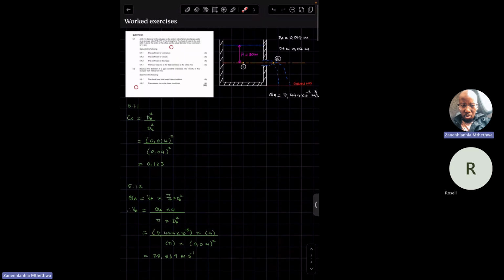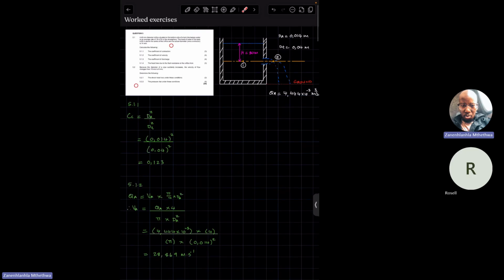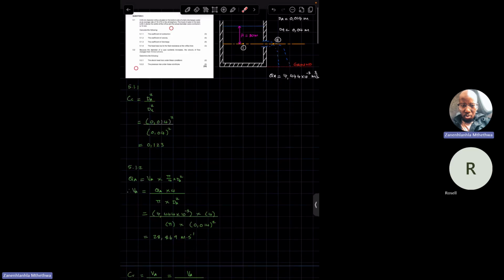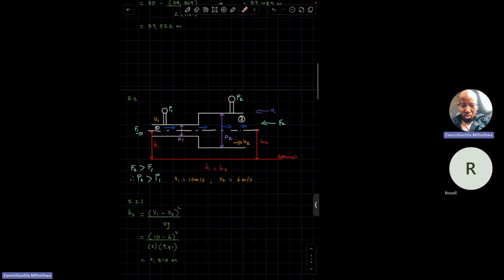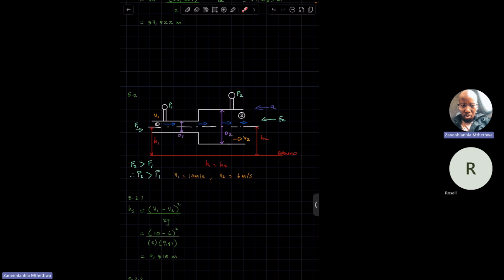So let's look at 5.2 quickly. They say that because the diameter of a pipe suddenly increases, the velocity of flow changes from 10 to 6 meters per second. Then calculate the shock head loss under these conditions and the pressure rise under these conditions. So I have drawn here a schematic illustration of the problem at hand.